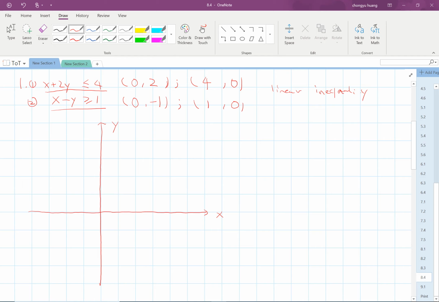Let me check again: x equals 0, y equals -1, and y equals 0, x equals 1. Yes, we're getting the right thing.